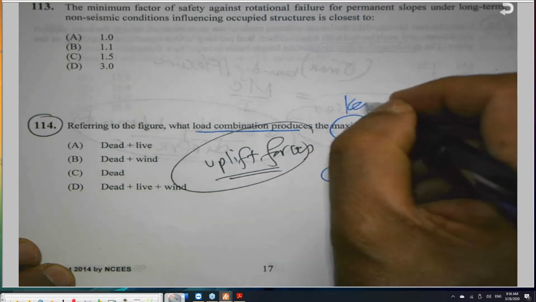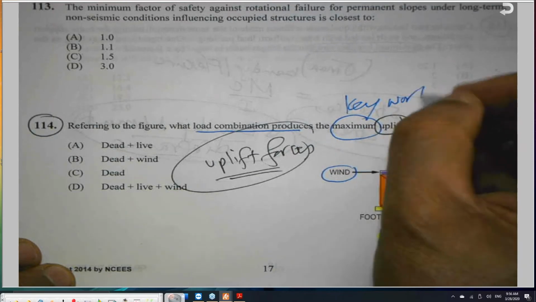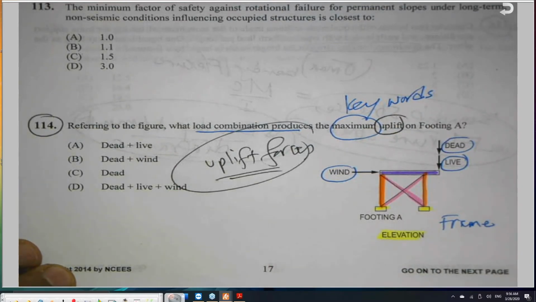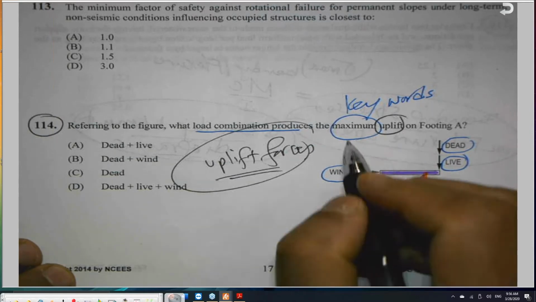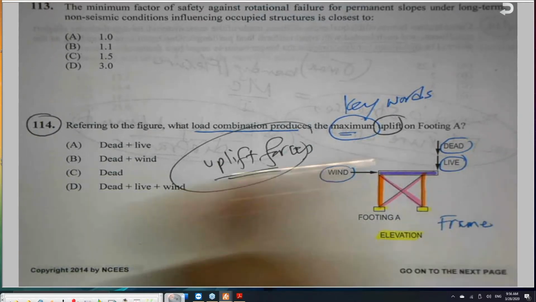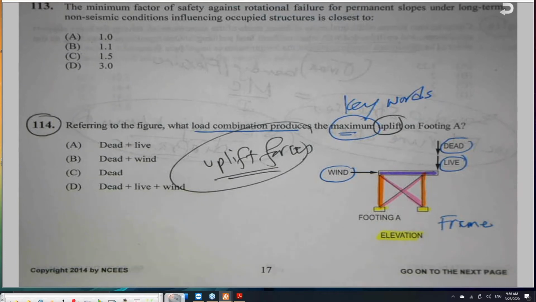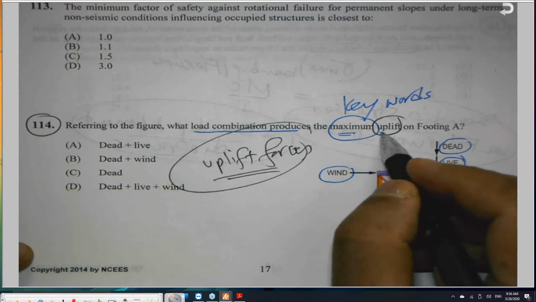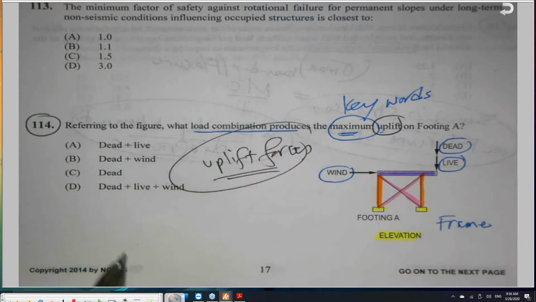Again, keywords. Always in any question, either the national exam or the seismic or surveying, they put some kind of keywords.